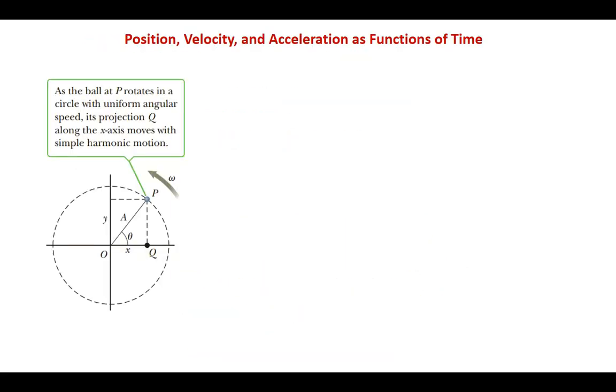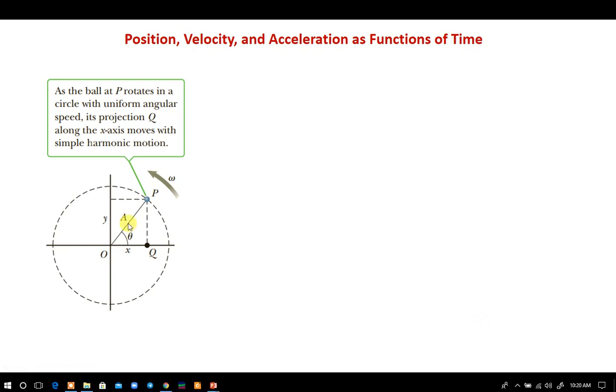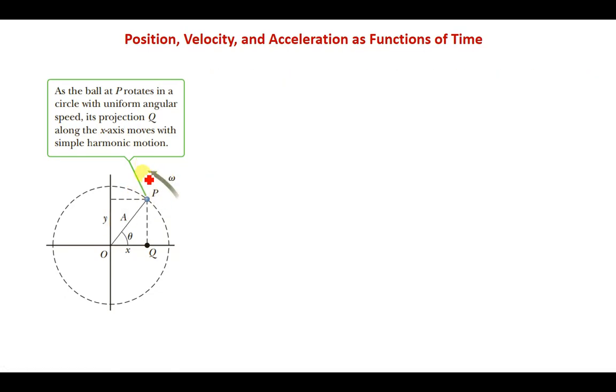Okay, so let's take a look at this diagram here. From this diagram you can tell we have a ball that is moving around, or it's moving about this point O. It's going round, going this side.